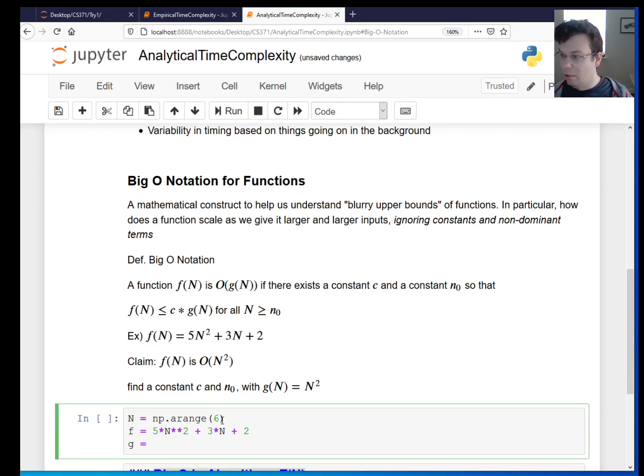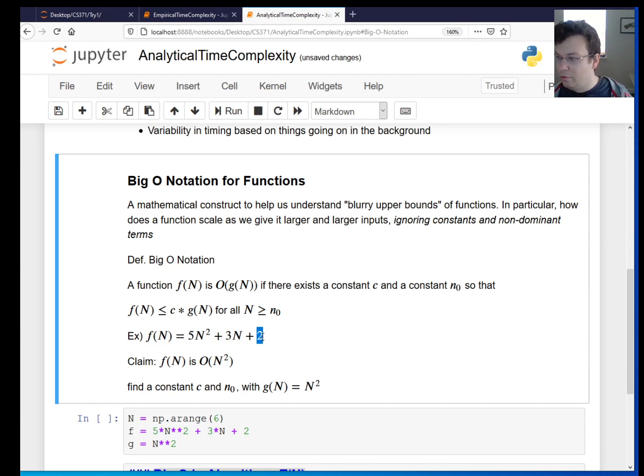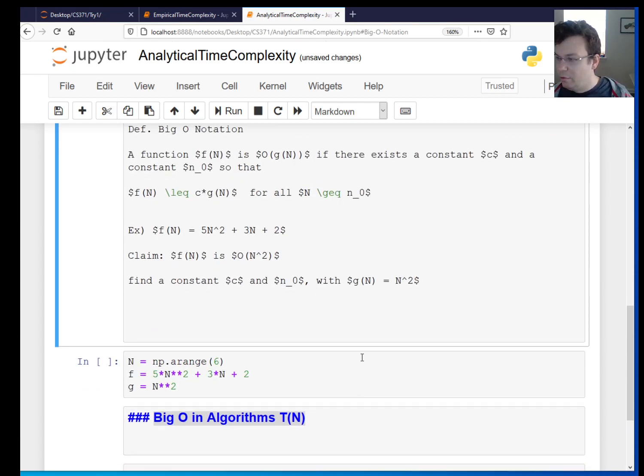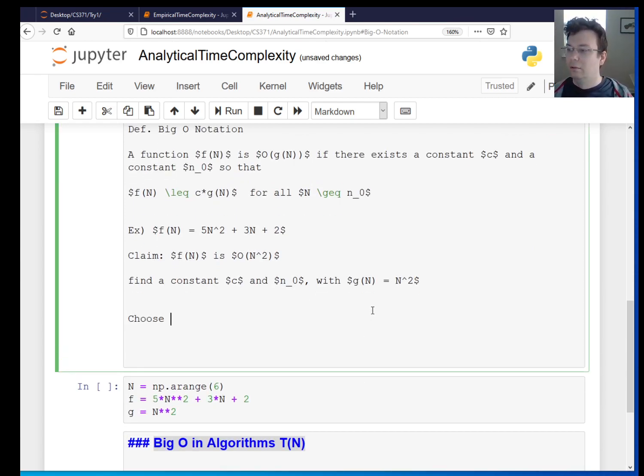My g was n squared, but I'm going to claim that if I pretend that the 3 is actually a coefficient in front of n squared and 2 is actually a coefficient in front of n squared, then I'm going to choose a constant c, which is just the sum of these coefficients.